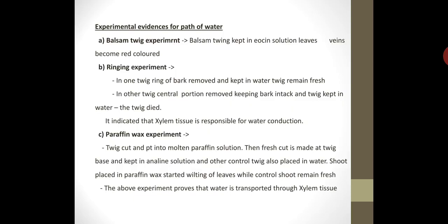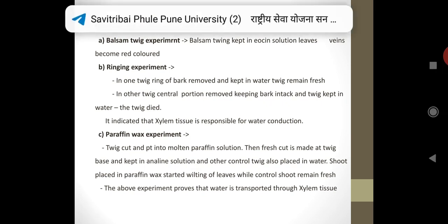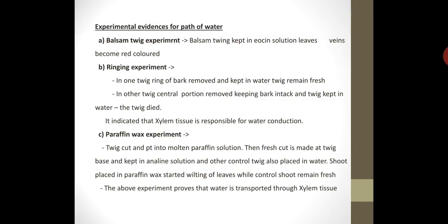These experiments indicate that xylem tissue is responsible for ascent of sap. The eosin solution is like a mixture of water, that is what we call sap, and that sap enters through the xylem, so the xylem tissue of the balsam twig continuously gets colored red. So this experiment proves that xylem tissue is responsible for ascent of sap.